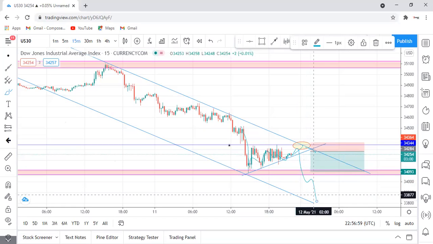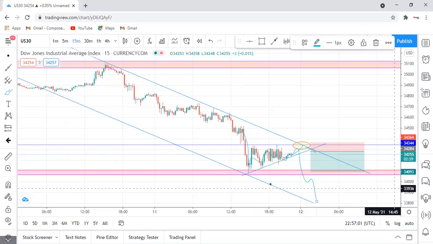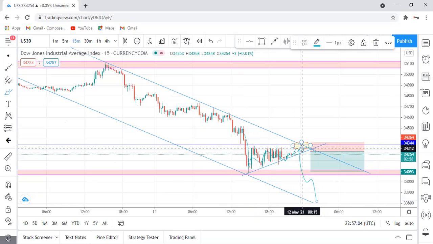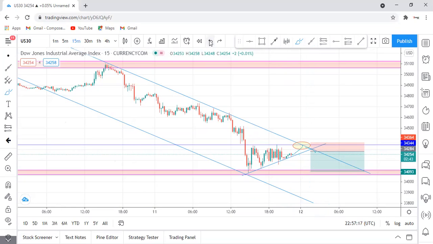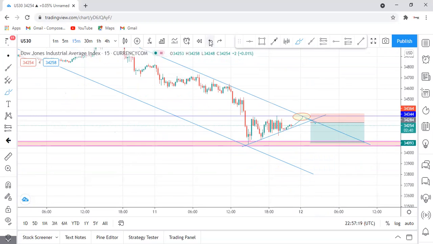Why do we expect that it should break that structure? Because should it fail to break from here, already it has retested this structure. Now coming back again, it was regaining momentum so that it can break through that structure. So this is what we're expecting on this US30, guys.